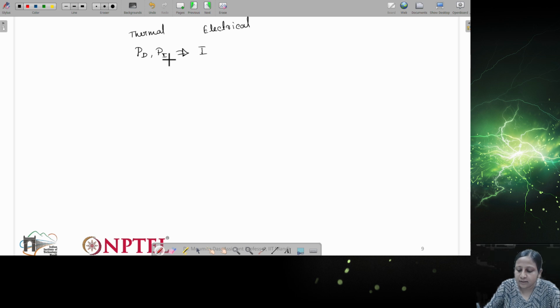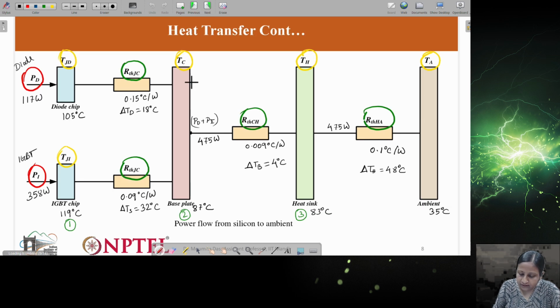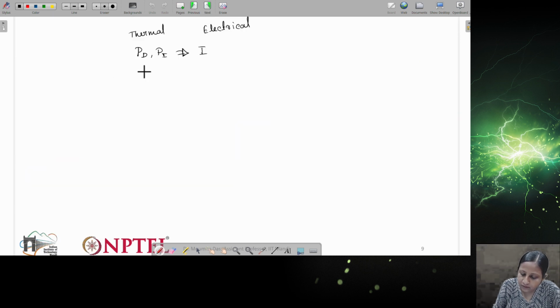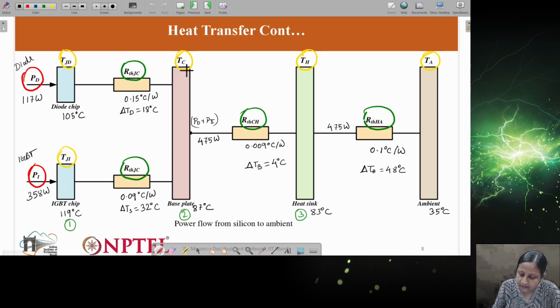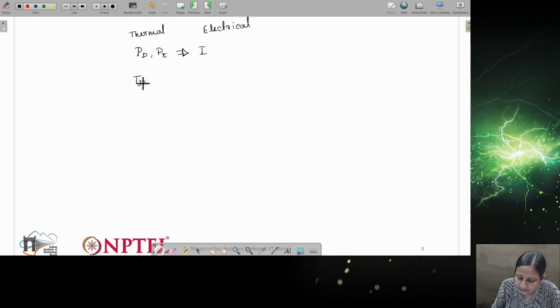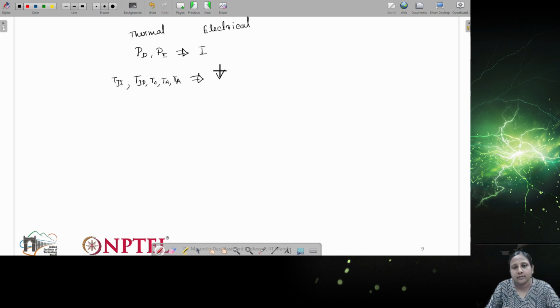So you can see the voltage nodes here are denoted in terms of Tj, actually temperature. So you can see here TJD, TC, TH, TA for thermal, or here TJI. So this is equivalent to voltage in electrical.